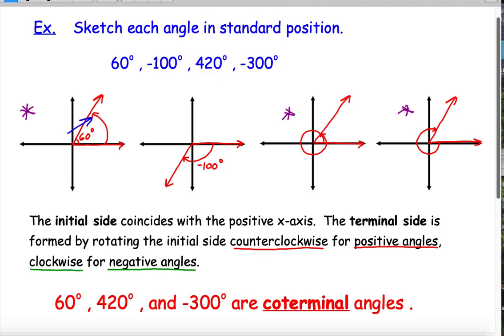So I added 360 degrees to that. How about for this negative one? What did I do? Well, it's the same. Instead of going counterclockwise a full circle, how about if we go clockwise, which is the negative angle direction, one full circle. So if I subtracted 360, I would get to that spot, which is right there.